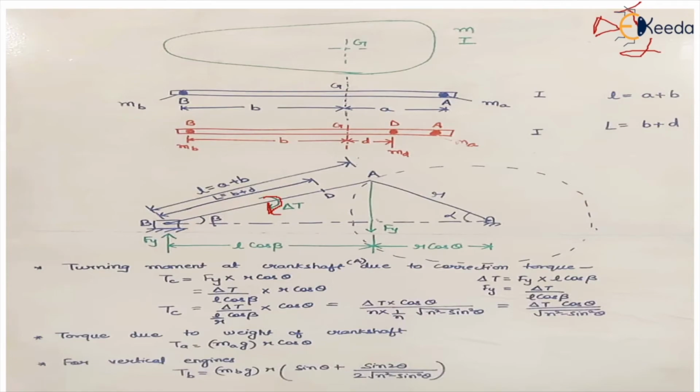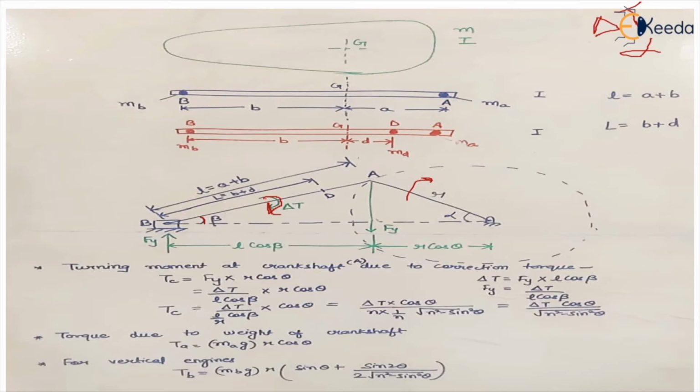So it will act in the direction of reducing delta B, which is the angle made by the connecting rod with the line of stroke. If this is the direction of the rotation of crank, delta T will act in the same direction, or in the direction opposite to that of the inertia torque.